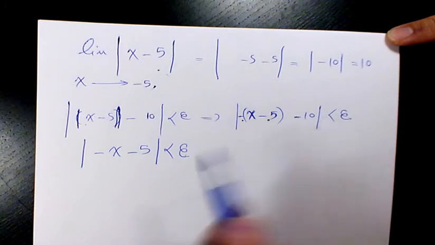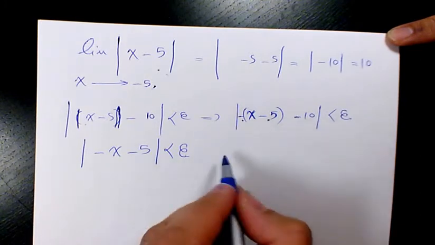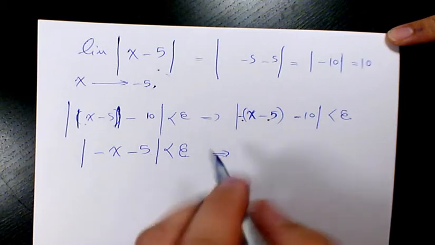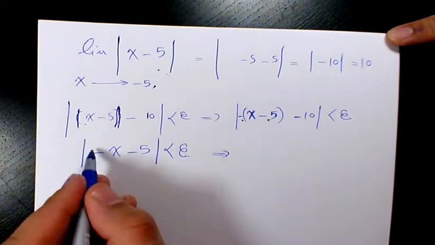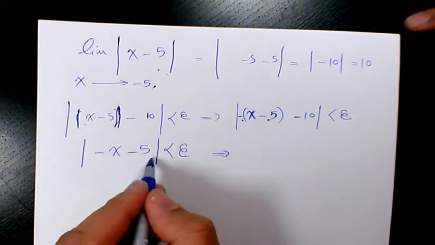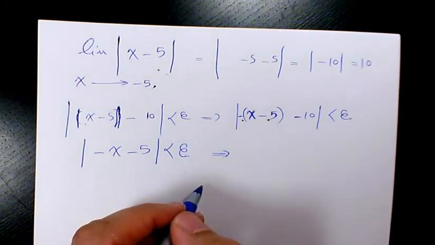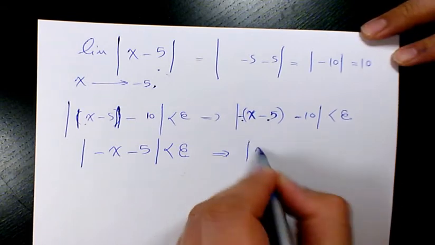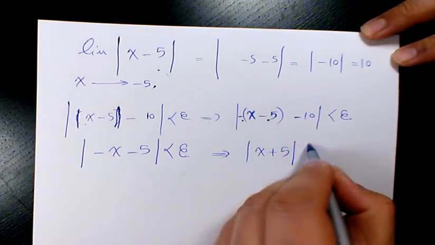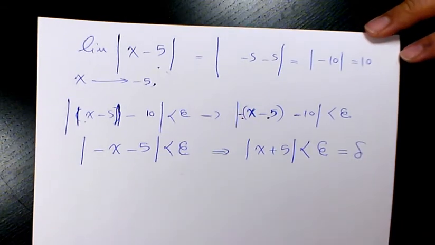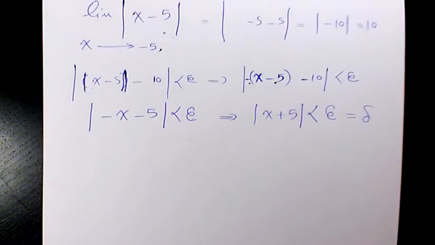Positive 5 and negative 10 is going to be negative 5. Then you can say the absolute value of negative x minus 5 is less than epsilon. So that's going to be the absolute value of x plus 5 less than epsilon. So in this case, epsilon is going to be equal to delta.